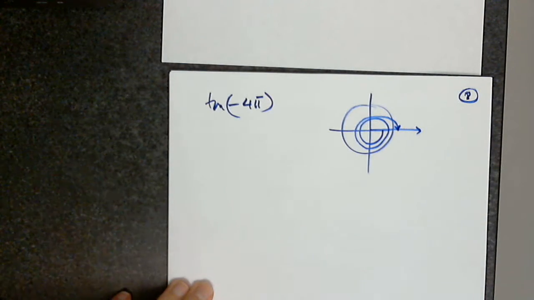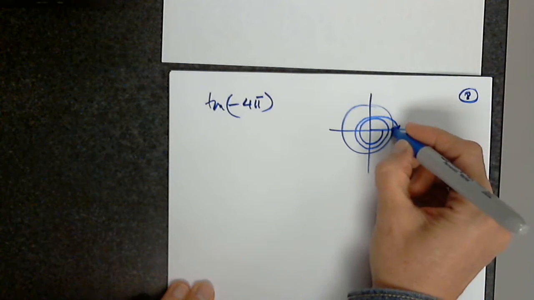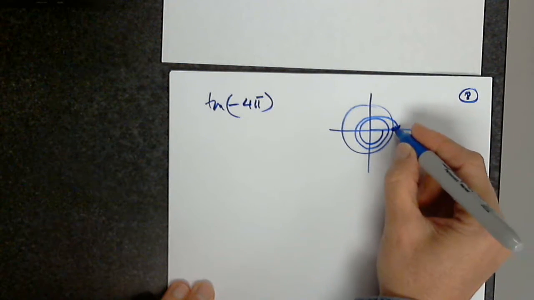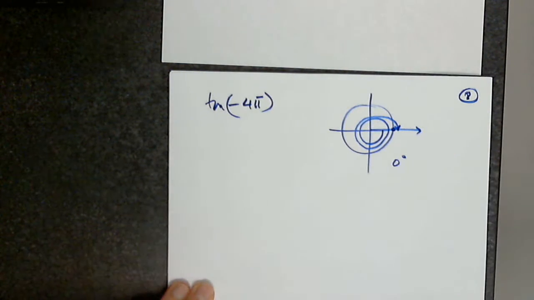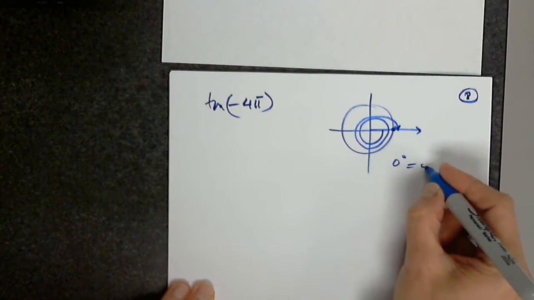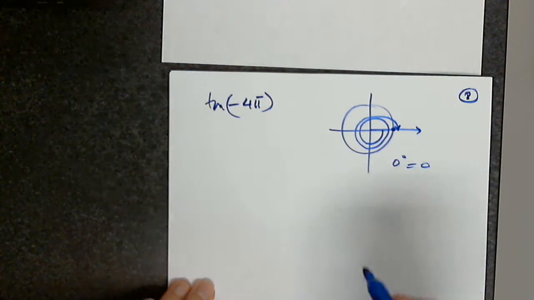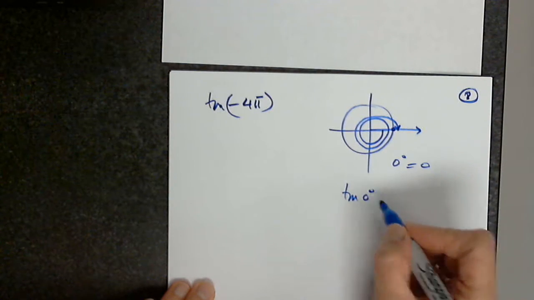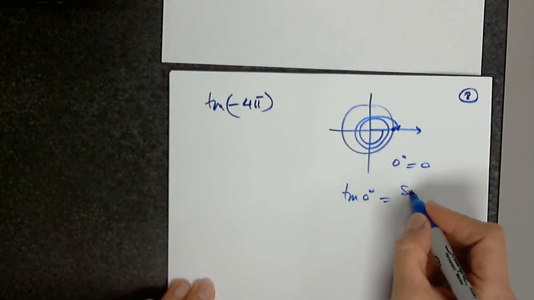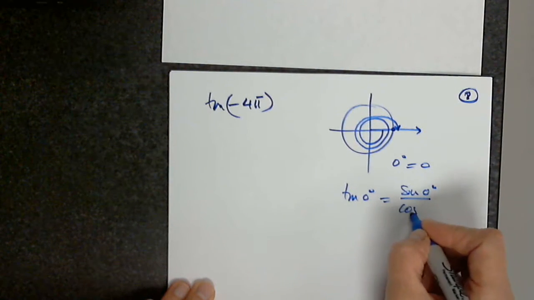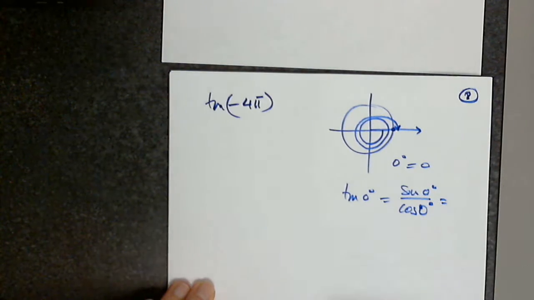Right? So all I'm asked to do here is to find tangent at 0 degrees or 0 radians. So I know that tangent of 0 degrees is sine 0 degrees over cosine 0 degrees.